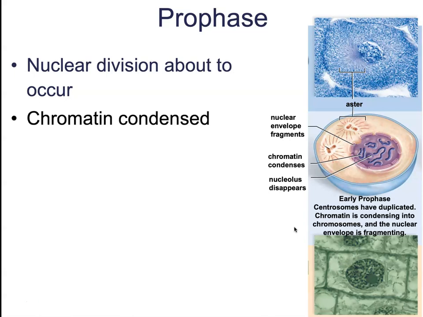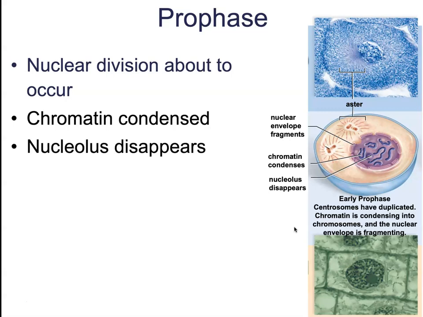So starting off with prophase. Prophase is where nuclear division is about to occur. So the first thing that has to happen is our chromatin condenses down. We want to keep our DNA as protected as possible. So we're not going to try and separate it when it's all loosey-goosey like a plate of spaghetti. We want to condense down those noodles as tightly as possible into clear and defined structures that can be easily separated.